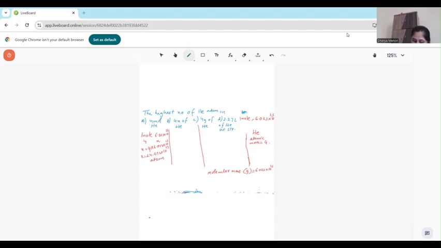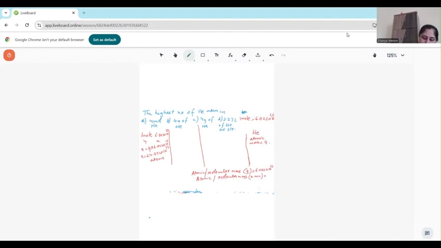Whenever the atomic or molecular mass is given in AMU or just u, it contains one atom.